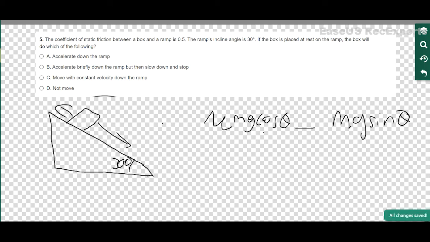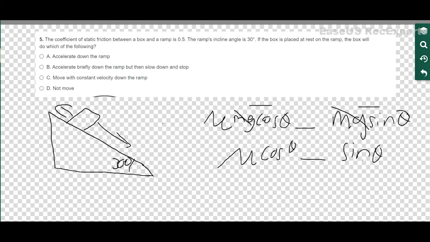Now we want to find if this right here is greater than, equal to, or less than this side of the equation. So we can cancel out the mg's, so we get mu times cosine theta versus just sine theta.